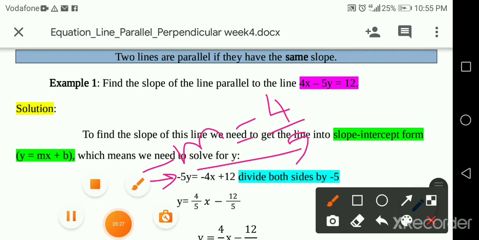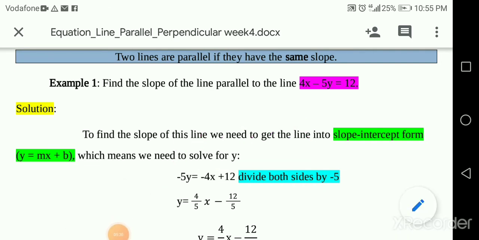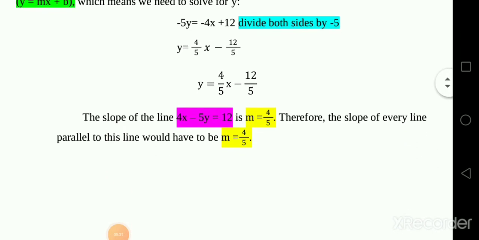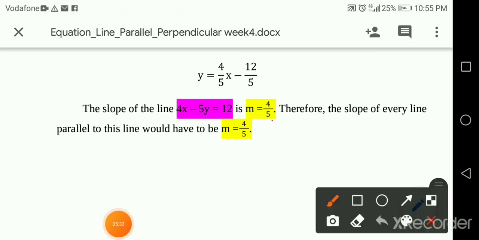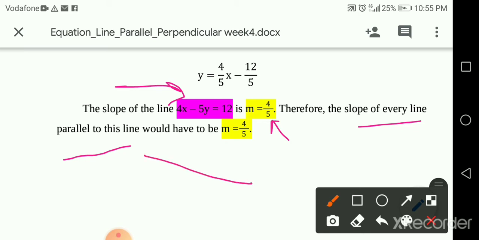So guys, as you see, this is the slope, m equals 4/5. Therefore, the slope of every line parallel to this line, and I want to know the line which is parallel to this line, must have the same slope, m equals 4/5.